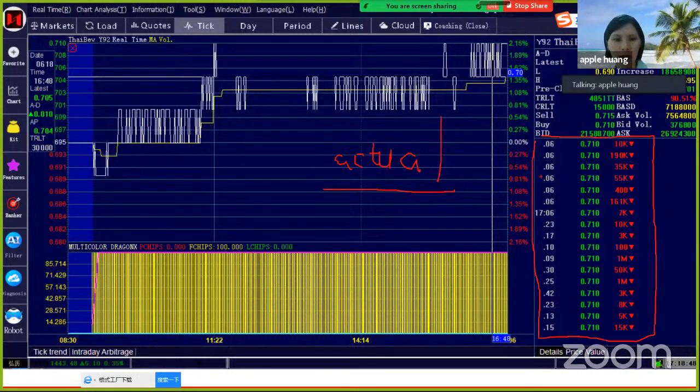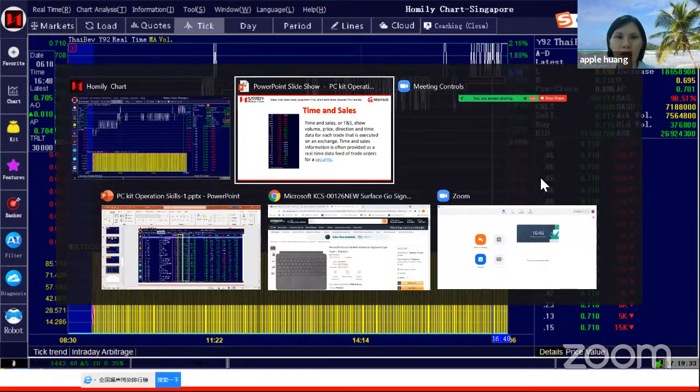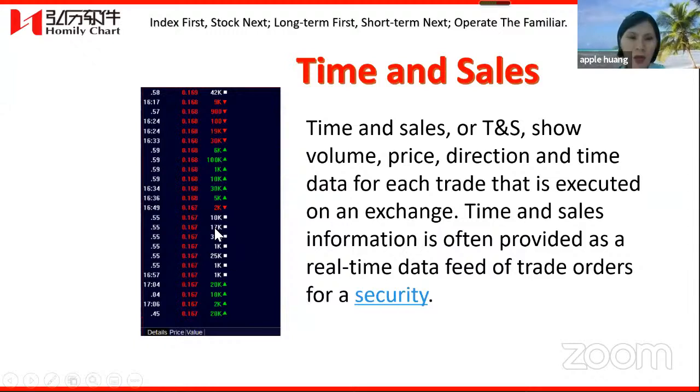And last time, I remember a member asked about the color. If green, that means bid, buy up. If it is red, that means sell down. And what about the white color?